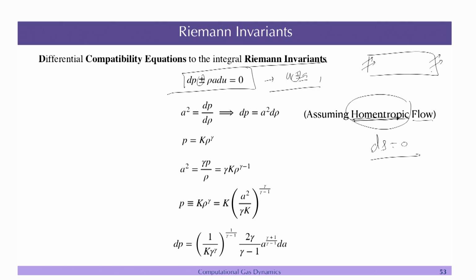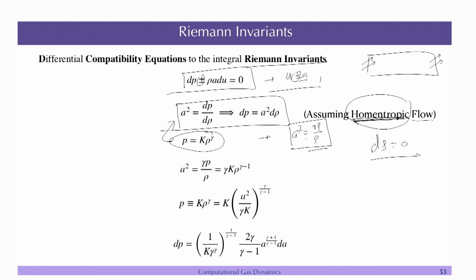Now that we are saying the flow is homoentropic, we can use the isentropic flow relations. First, the speed of sound a squared is equal to dP by d rho, and if you use the relation p equal to k rho to the power gamma, you get a squared equal to gamma p by rho. I will not go into the derivation of this, as it is known from when you derive the speed of sound.